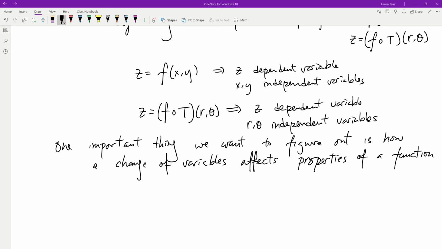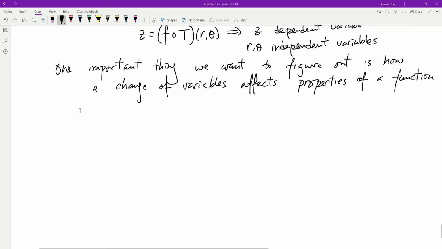So what we're going to try to do is the following. In this topic of change of variable, you will be asked to prove some of these relationships between the function's derivative with the original variable and with the new variable. So let me show you an example to try it out. Here's a very basic example.